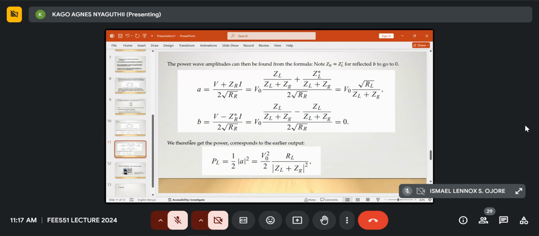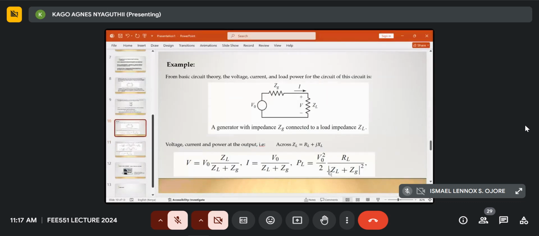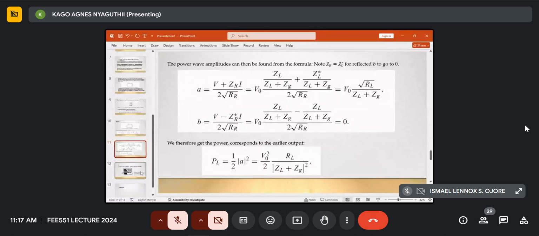Because B is already zero, the first formula for power now only remains as a half the magnitude of A squared. So as you can see, this formula is just the same as the initial formula that you were working with. So with that, I come to the end of my presentation.